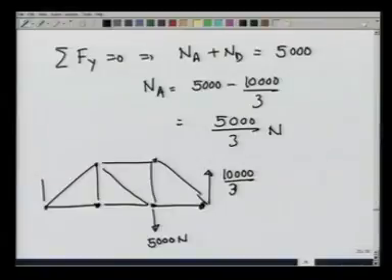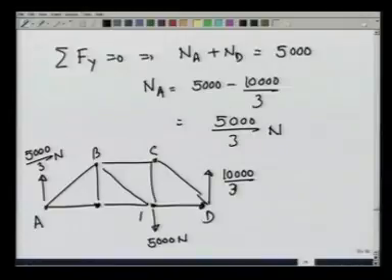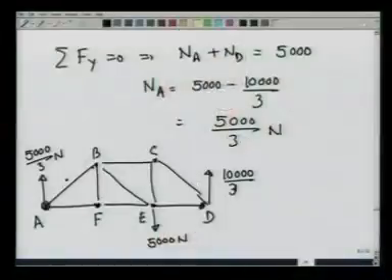There is a force acting upwards here 5,000 over 3, and this is A, B, C, D, E and F. Now, at point A, there are two unknowns, force due to AB member and force due to AF member, and therefore, if I bring this pin in equilibrium, I have two equations, summation Fx equal to 0 and summation Fy equal to 0. I can solve for both the forces. So, let us do that at point A.